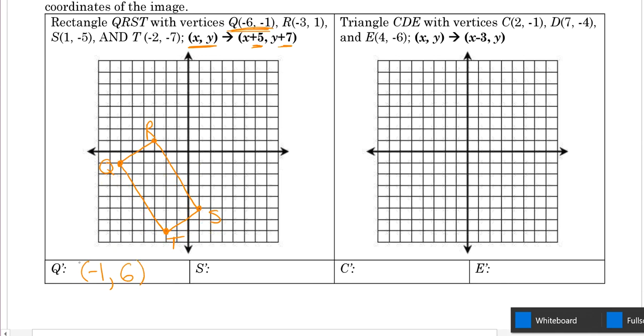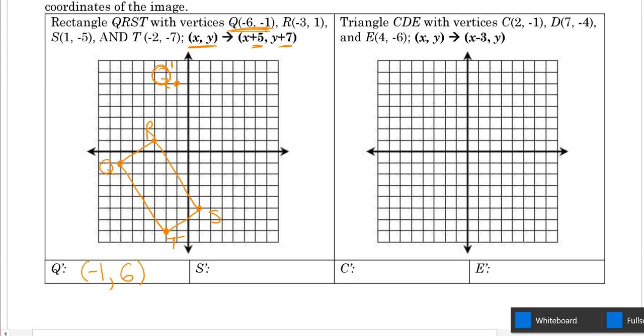So the translated value of the pre-image Q would be at -1, 6. And when I label that, I would put Q prime. Do not forget to label that when you are doing this on your own.